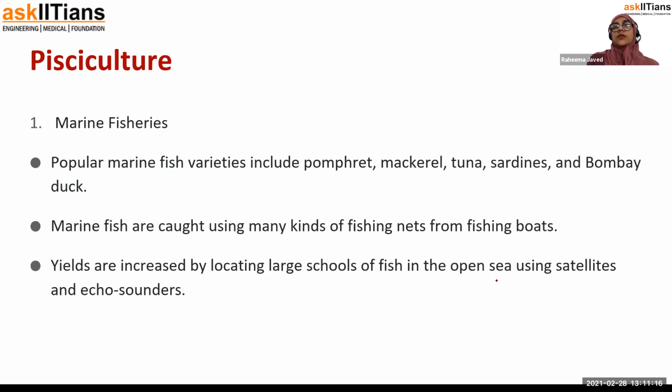So let's continue with the marine fisheries, where we are obtaining the seawater fishes. Popular marine fish varieties are pomfret, mackerel, tuna, sardines, Bombay duck, and there are other varieties also.